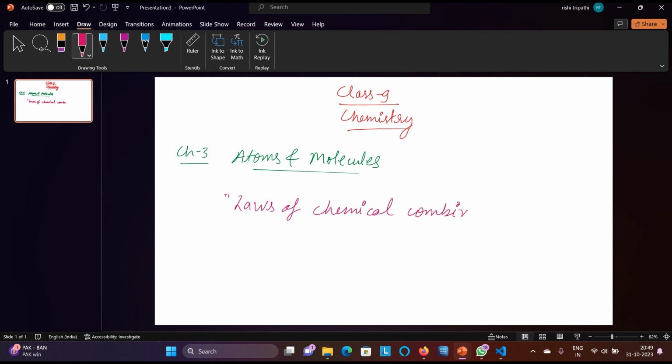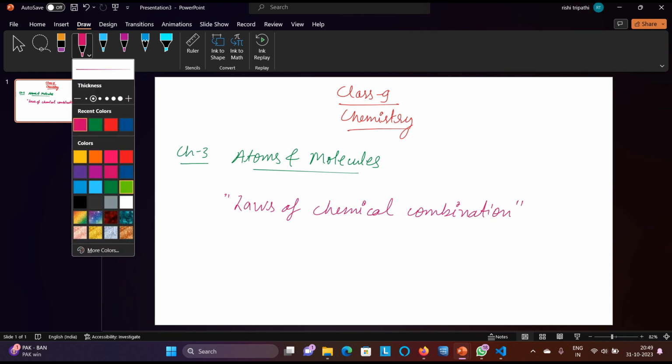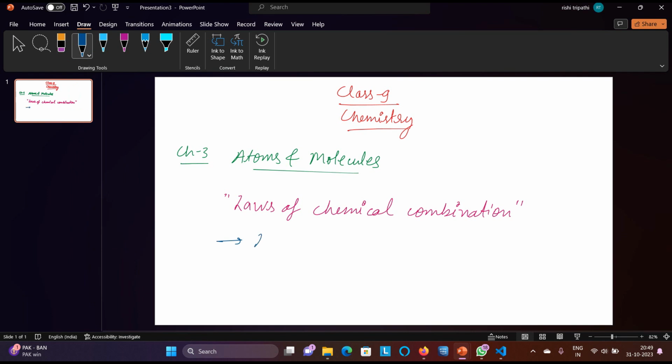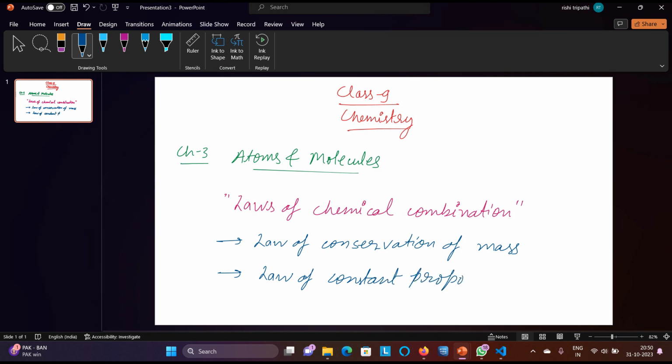Among these 5 laws, the law of conservation of mass and the law of constant proportion, which is also called the law of definite proportion, are important for you.